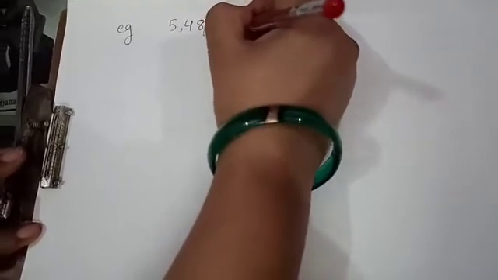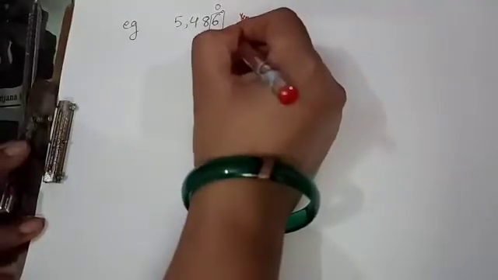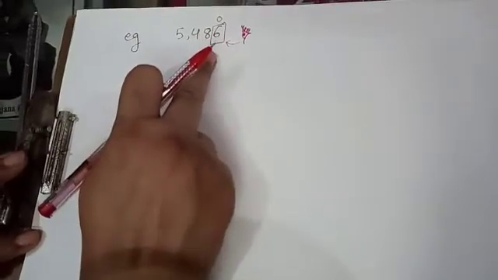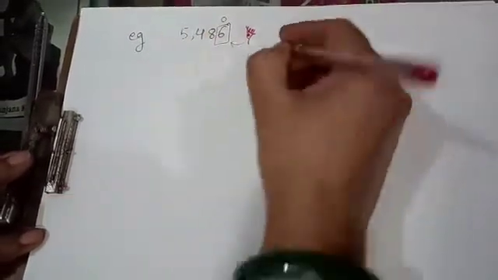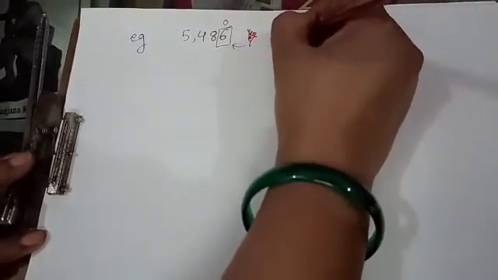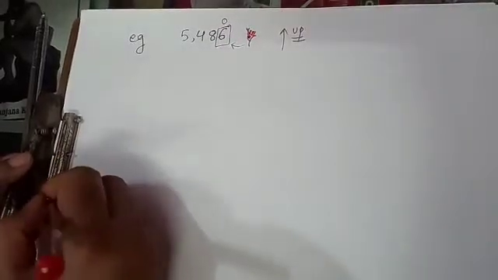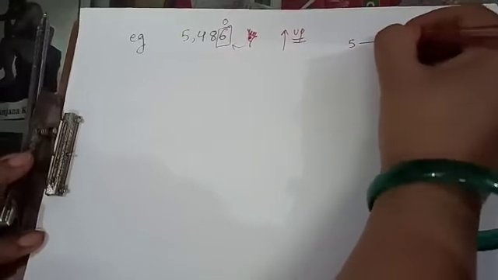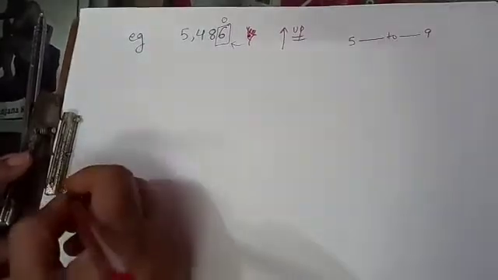Lovely eyes. Are you looking at it? Look at this number. So it comes in rounding up. That means it is coming in the category of 5 to 9.